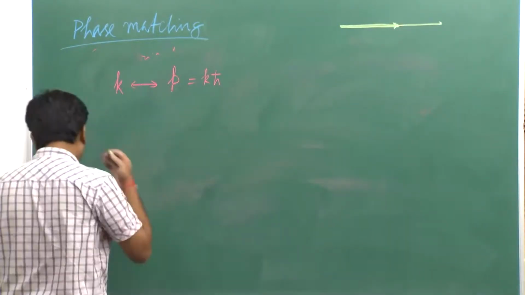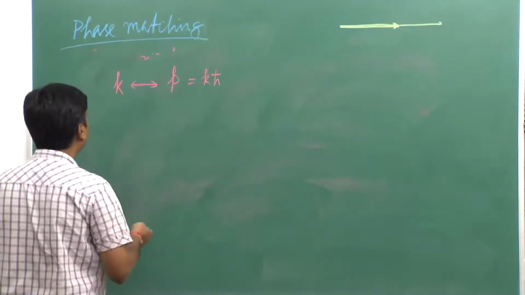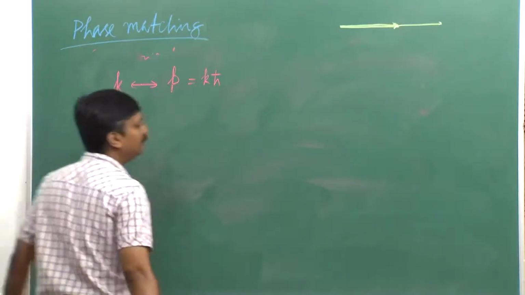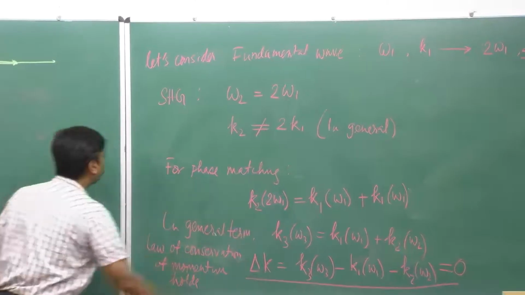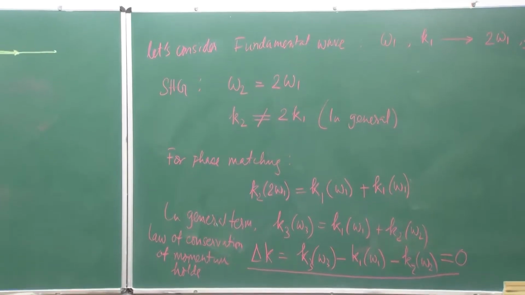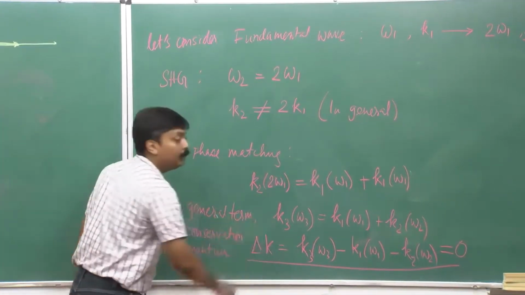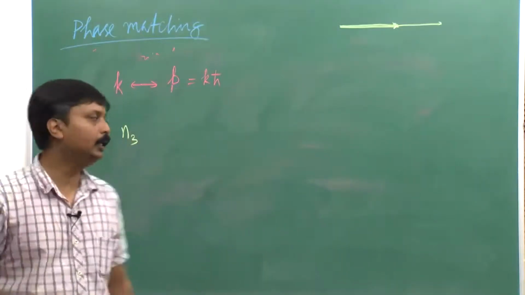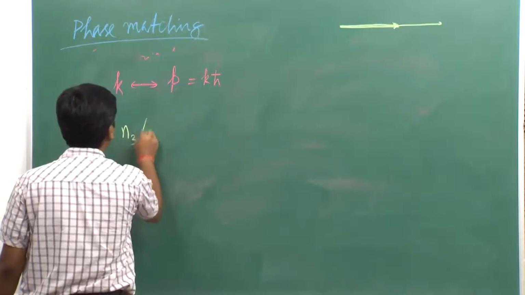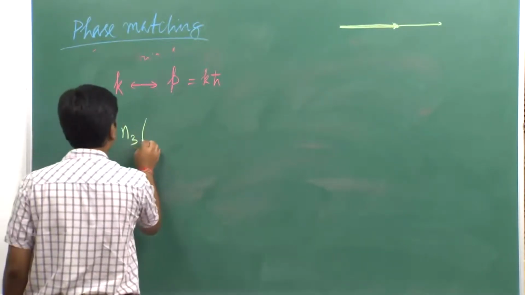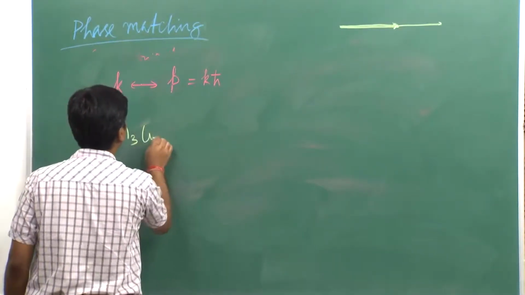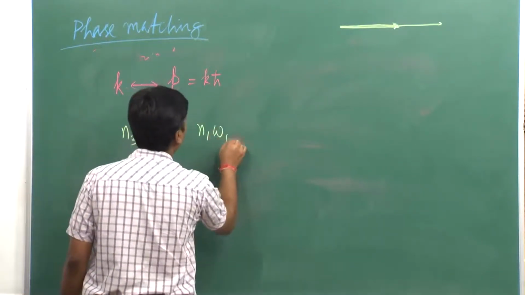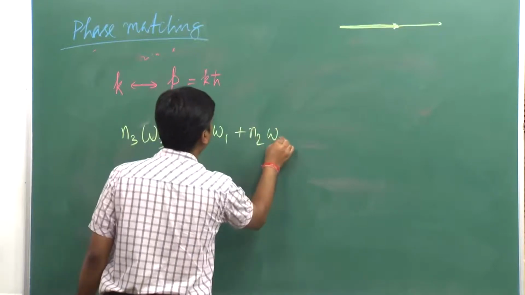In that case, we can write in terms of the refractive index and the frequency, following this general relation, and we know how omega, k and the refractive index are related. So, knowing that, I can write omega 3 n3 equals n1 omega 1 plus n2 omega 2, right.